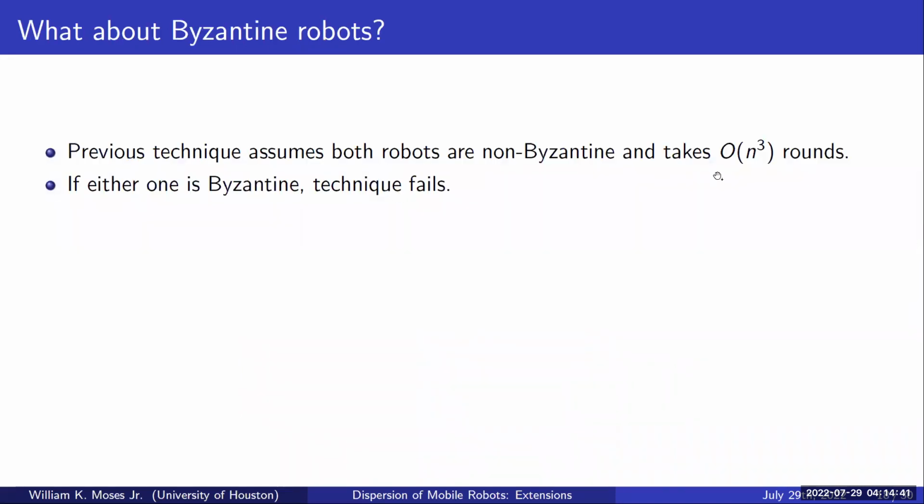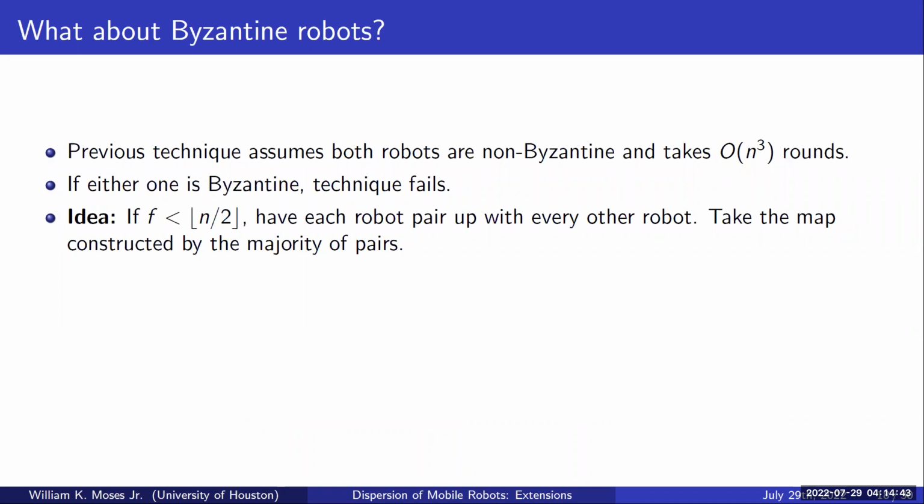Well, we use a majority rule. And what does that mean? If there are a majority of good robots, that is, the number of bad robots is less than n by 2, then we can have each robot pair up with every other robot and construct a map with each of them. And then it takes the majority of the maps.